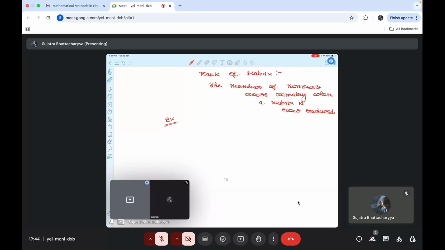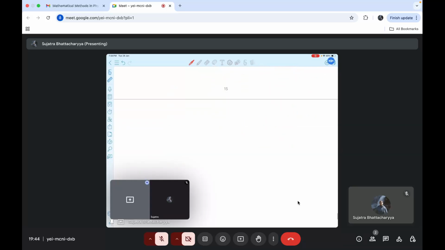Okay, so let us take an example. x minus 3y minus 4z is equal to 0. We know that we start with linear equations. So 2x minus y plus z is equal to 2, and 4x minus 2y plus 2z is equal to 3.